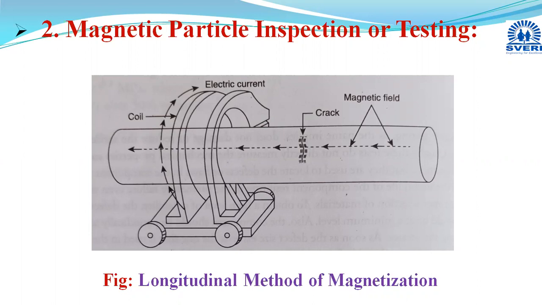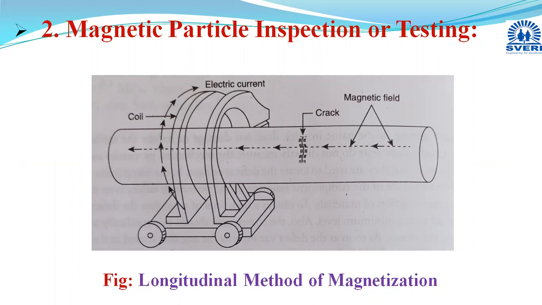We can determine whether there is any kind of internal defect, but the exact location of internal cracks is not possible to determine with the help of magnetic particle testing. Then demagnetization of the component is a must.